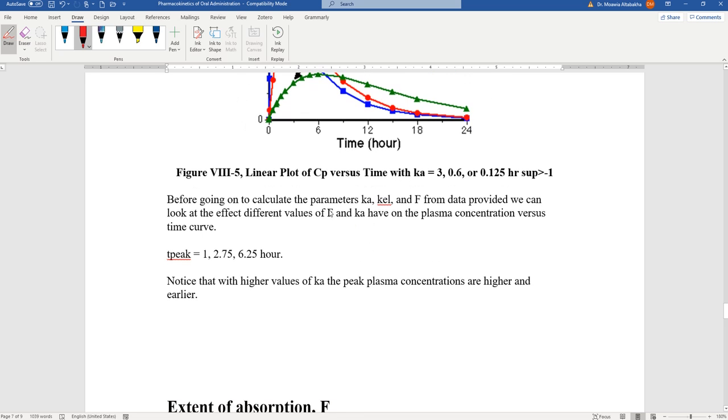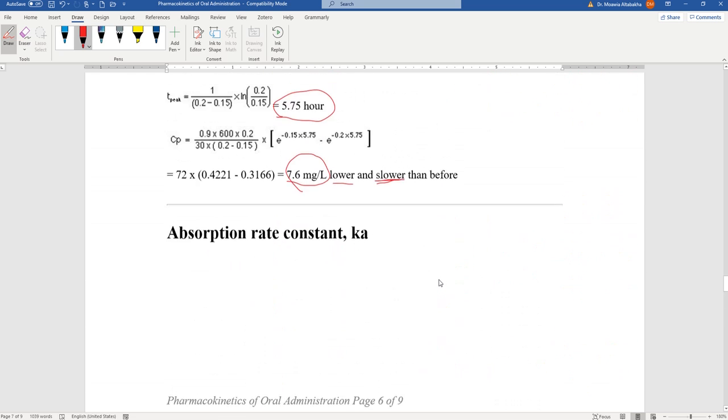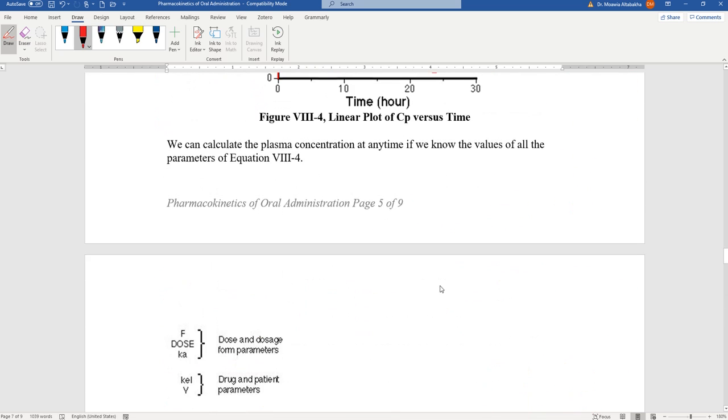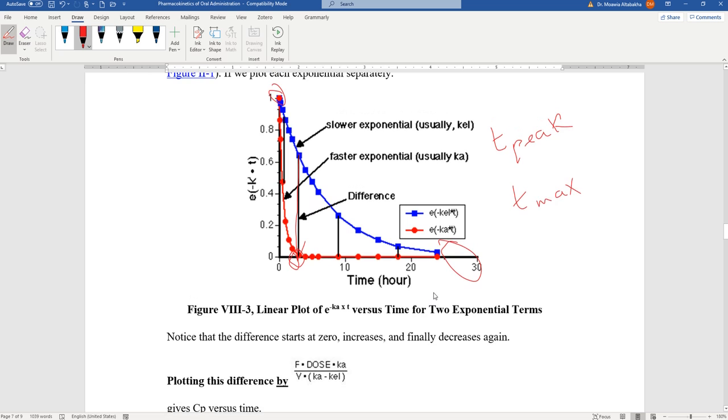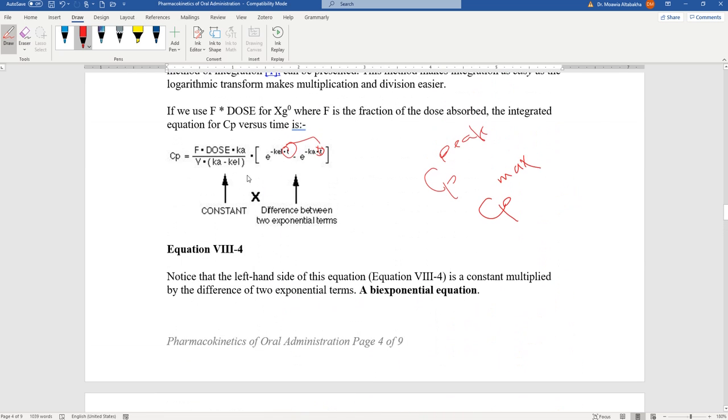Now we want to see the effect of F. Before we talk about that, look at where F is involved. Where is F? Let's go to the equation. F is involved here, right?